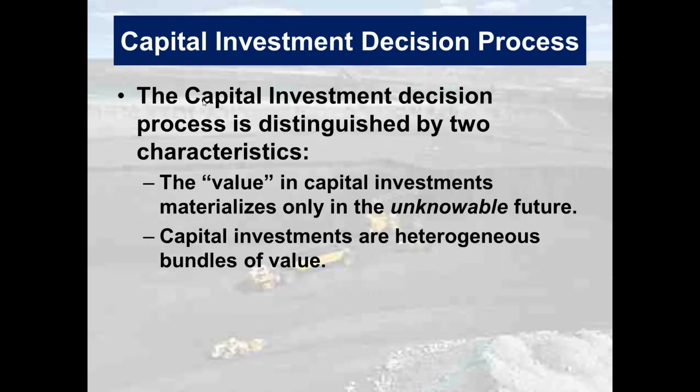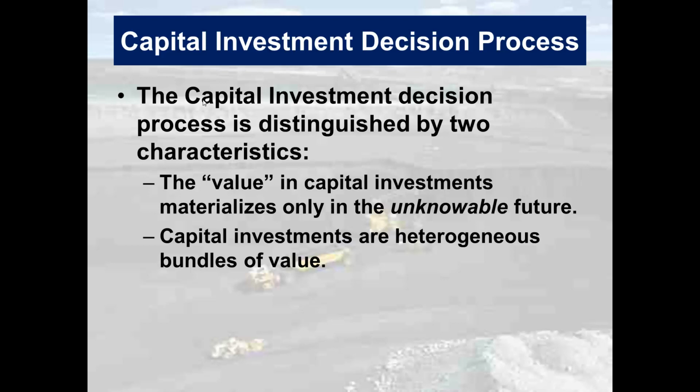The capital investment decision process is distinguished by two characteristics. First, the value in capital investments materializes only in the unknowable future that takes time to come to fruition. And then capital investments are heterogeneous. In other words, they're widely dissimilar, varied, diverse.